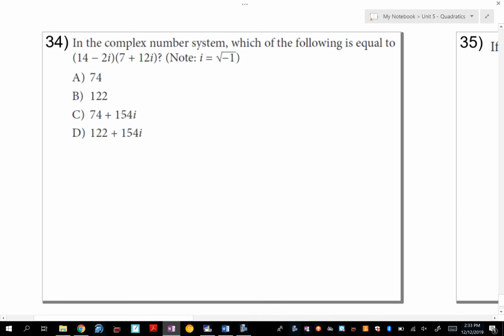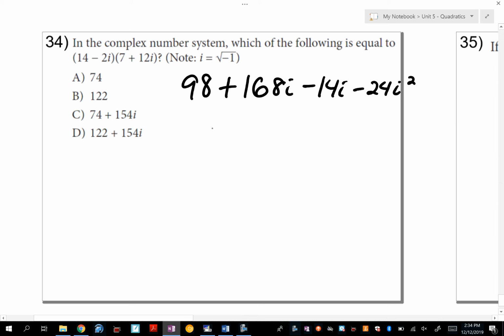34! Complex number multiplication. My goodness, we just did this. You should know all of this. So we should be multiplying. What's 14 times 7? Good question. 98. What's 14 times 12i? 168i. And then minus 14i and minus 24i squared.